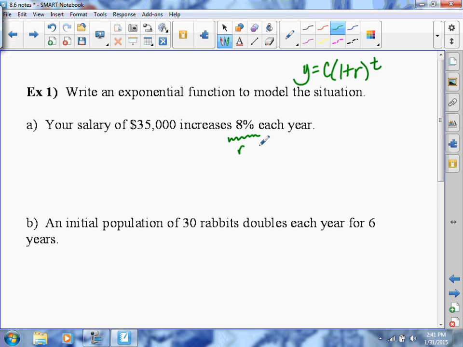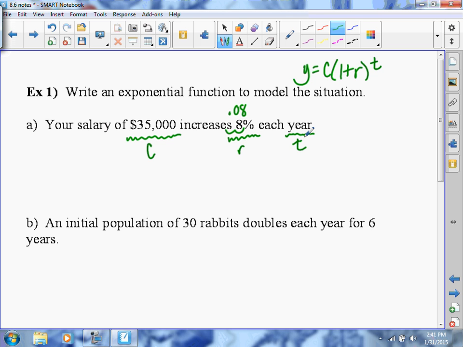Now again, we're going to write it as a decimal, so we're going to have to change it from 8 to, you move your decimal back 2 places, 0.08 when we plug it into our equation. The 35,000, that's going to be your initial amount. That's where you're starting. And you can kind of figure that out because your salary is starting here and then it's increasing each year. So that year is going to be your time.